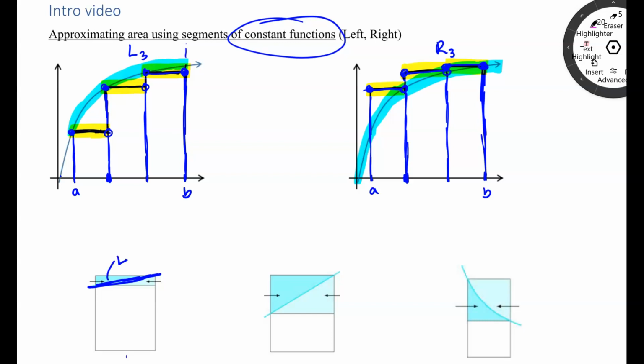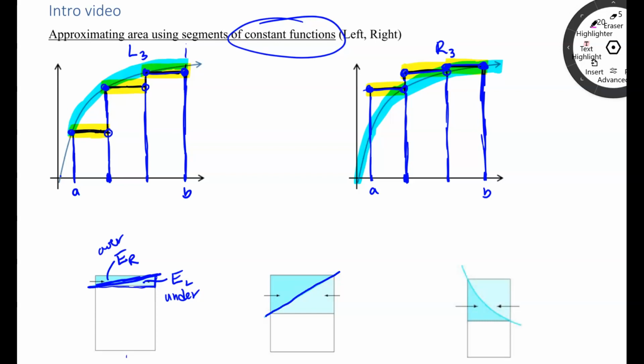So this right here is the error associated with the right-hand sum, and in this case, it's an overestimate. And then this little piece down here is the error associated with the left-hand sum. The left-hand sum would be the top of the box, and we're missing all of this stuff right here. So this is the area associated with left, and that error is showing us that we have an underestimate. That's stuff that we missed using the rectangle for left.